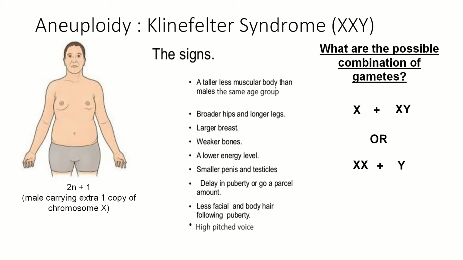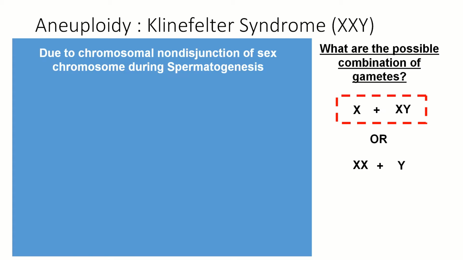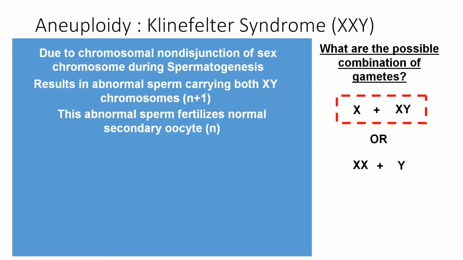So let's have a look at how to answer the question if the combination is the first combination. It is due to chromosomal non-disjunction of sex chromosome during spermatogenesis, resulting in abnormal sperm carrying both XY chromosomes. This abnormal sperm fertilizes a normal secondary oocyte.